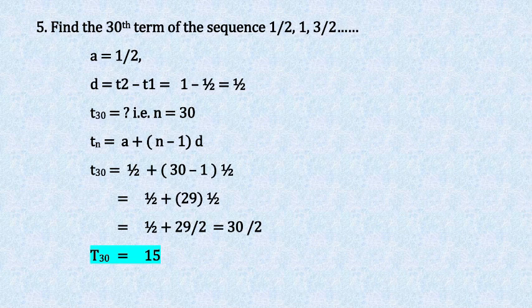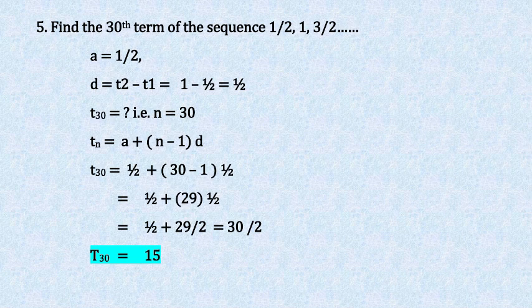The value of A, the first term, is 1 by 2, and D is T2 minus T1, 1 minus 1 by 2, that is equal to 1 by 2. T30 should be calculated, that means n is equal to 30.